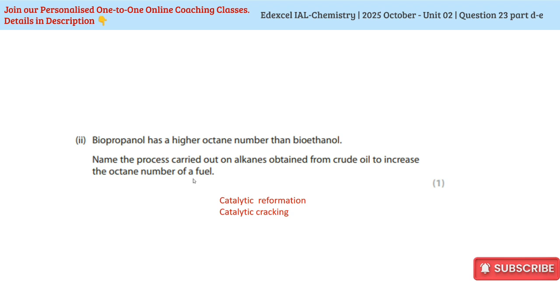If it is a high molecular weight compound, we can use catalytic cracking to increase the octane number. And if it is a simple cyclic molecule or an isomer which has a poor octane number, to improve that, we can use catalytic reforming. So the answer would be catalytic reforming or catalytic cracking, as the type of alkanes that we have to work with is not specified.